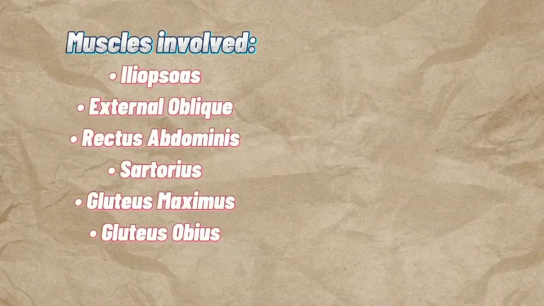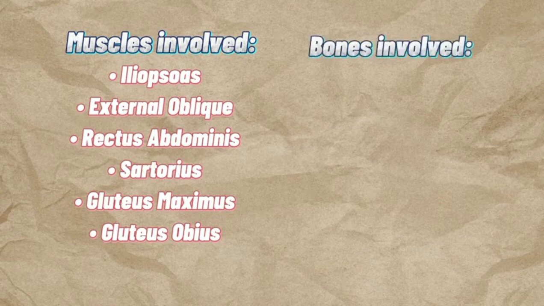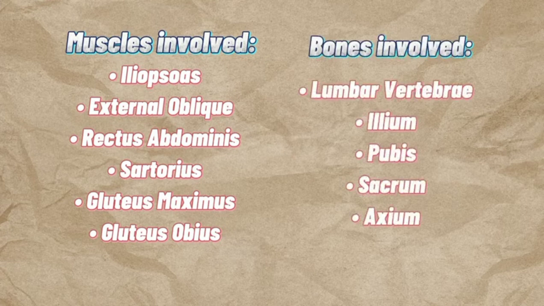The muscles involved are iliopsoas, external oblique, rectus abdominis, sartorius, gluteus maximus, and gluteus medius. And bones involved are lumbar vertebrae, ilium, pubis, sacrum, and axis.